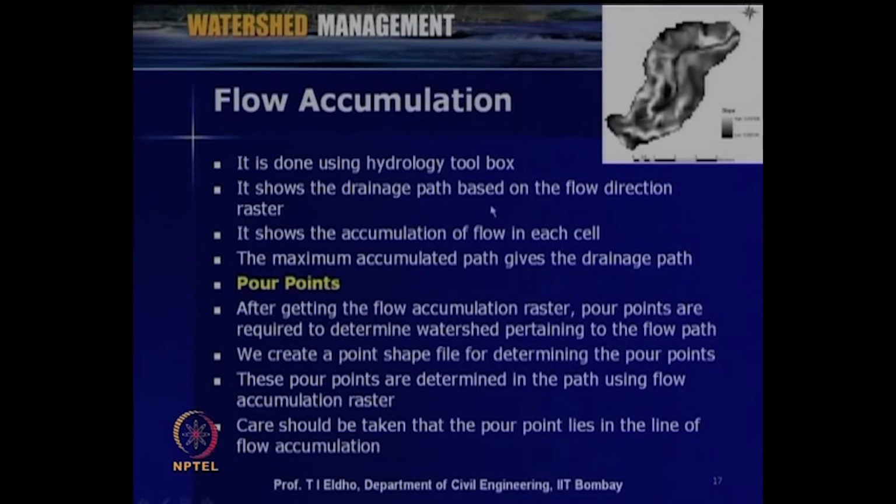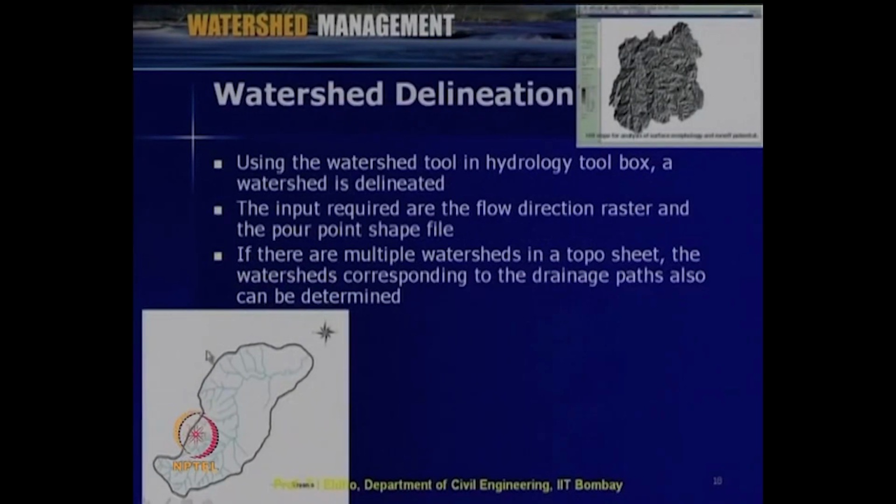The pour points determine the flow path, and based upon that, finally the watershed is delineated using the digital elevation model. We can identify the pour points depending upon the various cells or grid which we consider, and then from that we can extract the watershed.